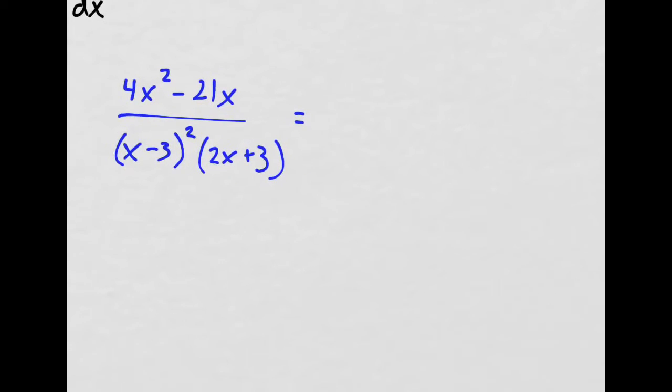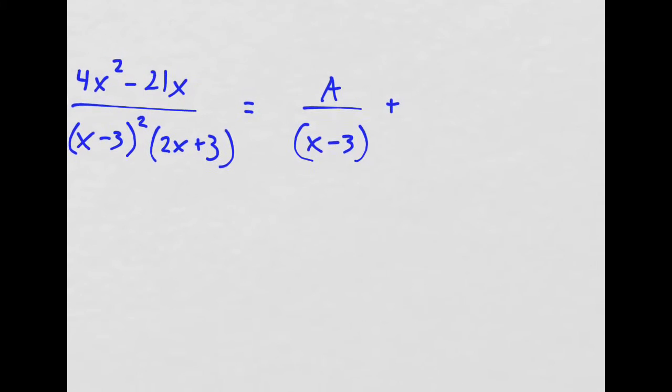And I'm gonna break that up, and you'd think maybe you would just go like, oh look, you can just do A over x minus 3 squared. But you can't just do that. You have to build up to the x minus 3 squared. So I have to do a linear term there, and then the B over x minus 3 squared.